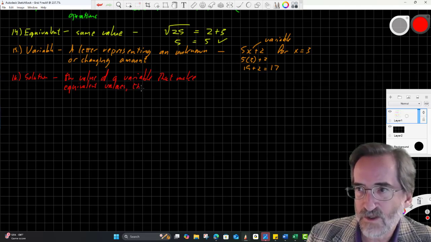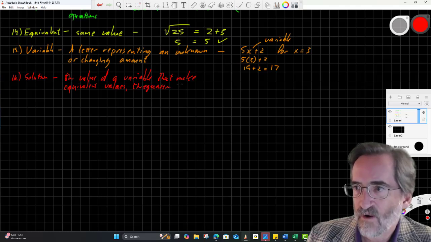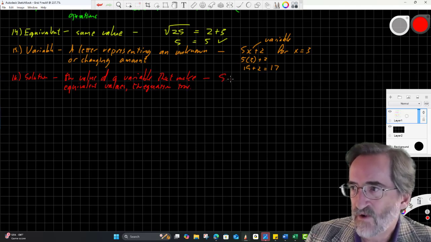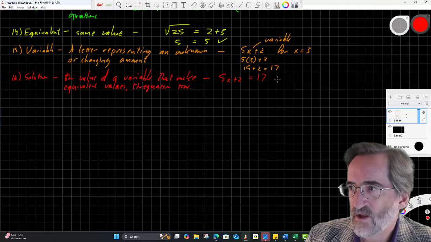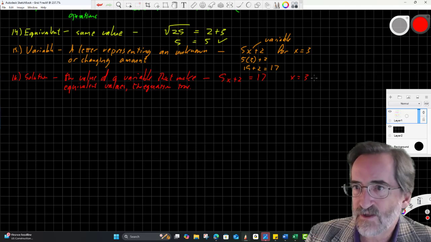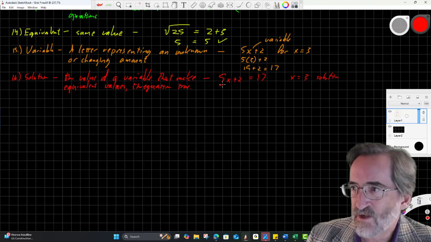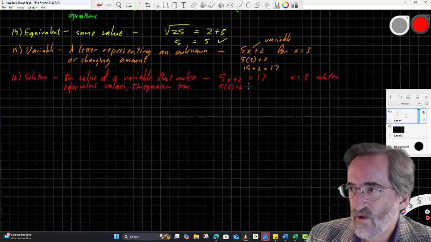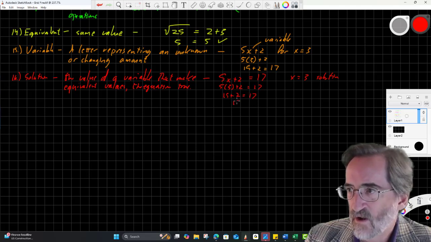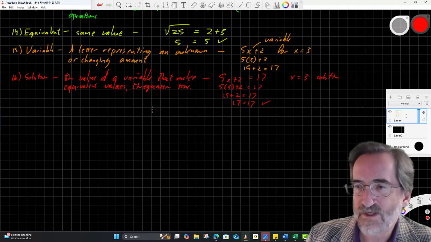Or the equation true. Okay, example, 5x plus 2 equals 17. If x equals 3, that is the solution. Because substituting makes a true equation. Seventeen does equal 17.